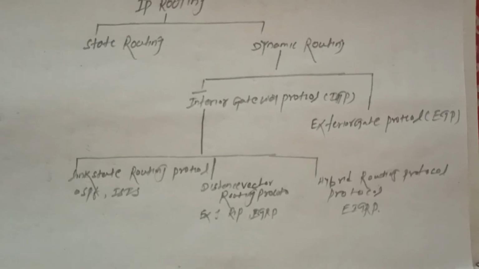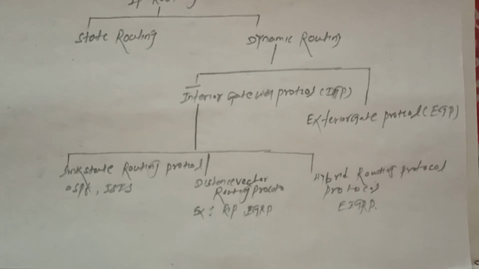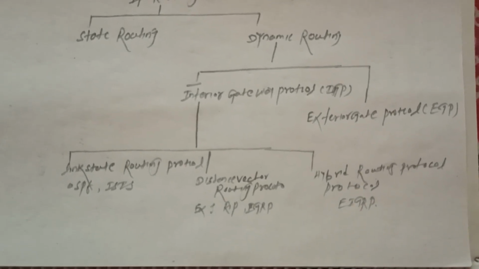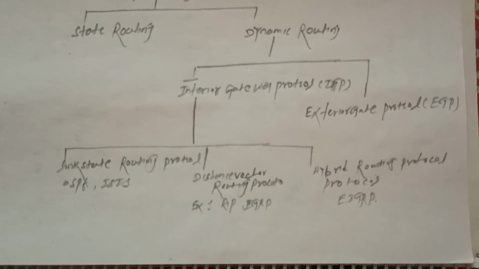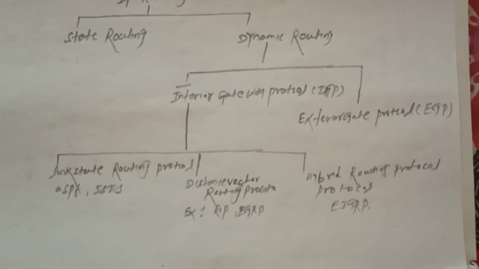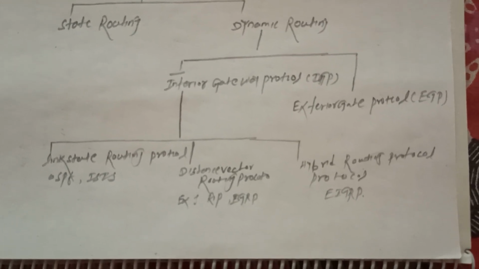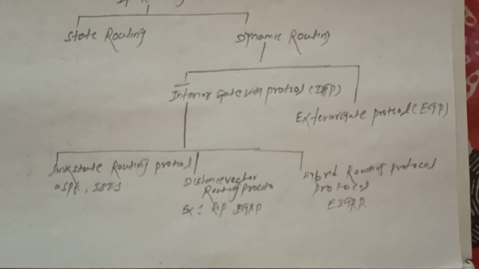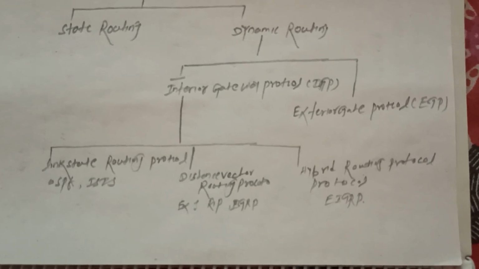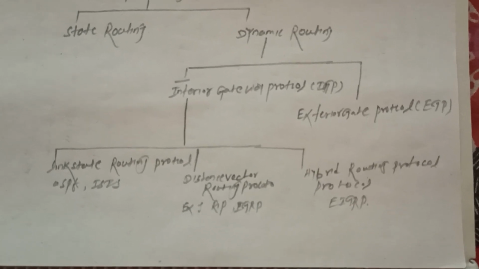There are two types of routing: static routing and dynamic routing. Dynamic routing is a method in which a router learns the network information automatically from a neighbor router using a routing protocol. The main advantage of dynamic routing is that it is suitable for all types of network, even huge ones, and is easy to implement.